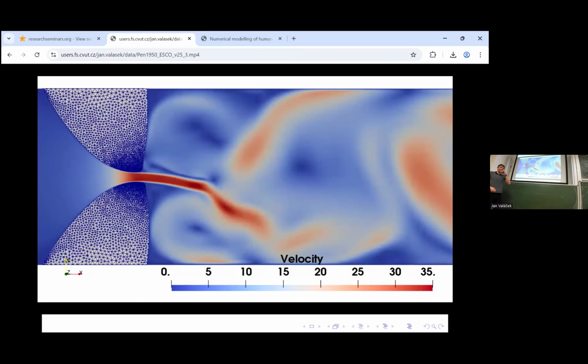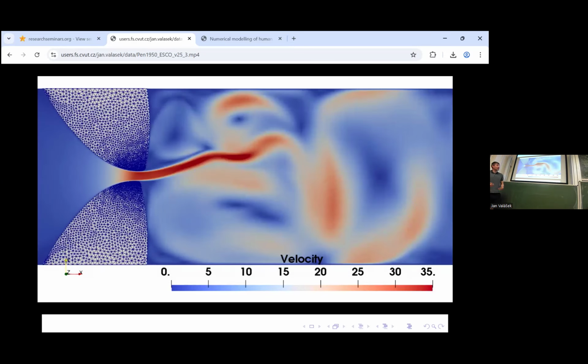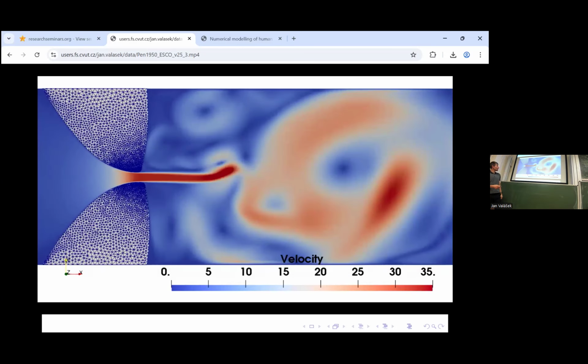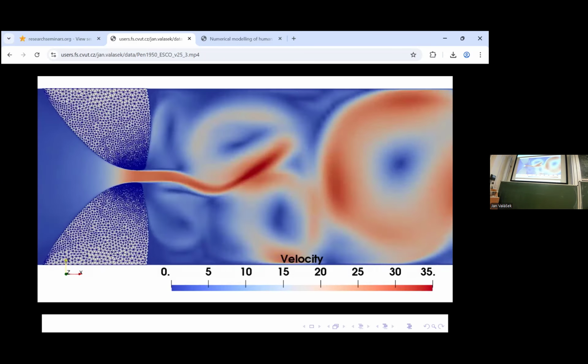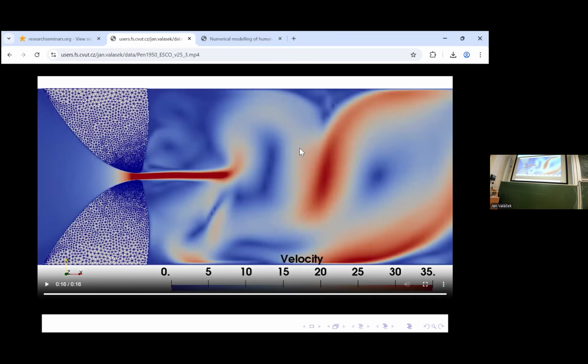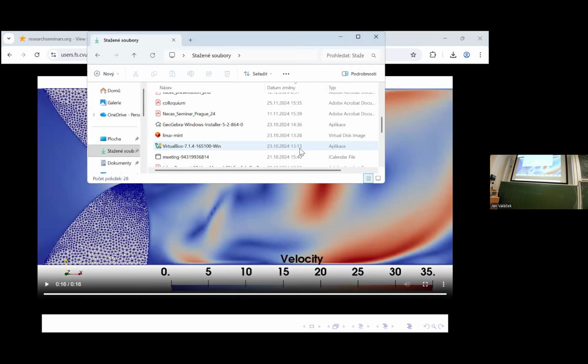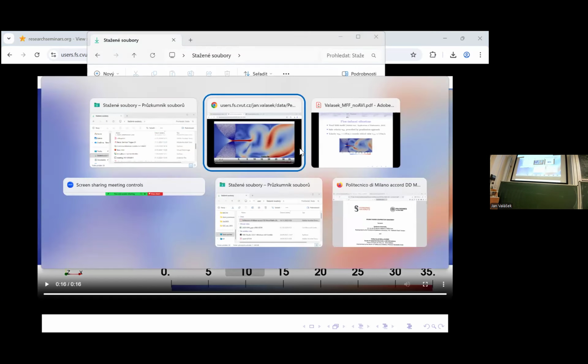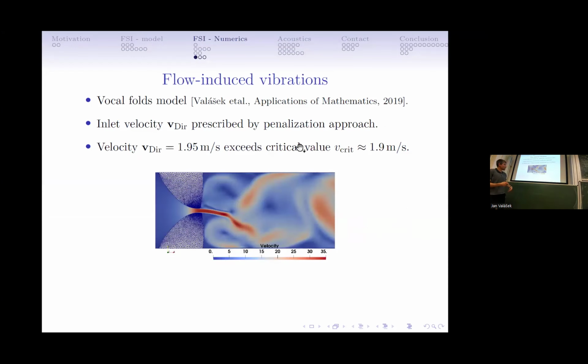This is an additional characteristic of the human vocal folds: when you start to speak, the start of the phonation really happens in the regime of the flutter instability, when the inlet velocity exceeds the critical value for the stability of this vibration.